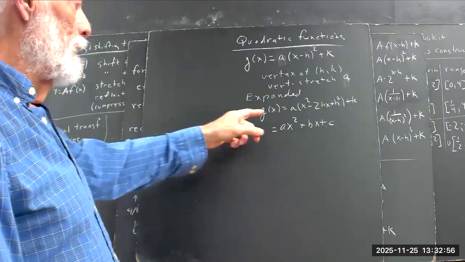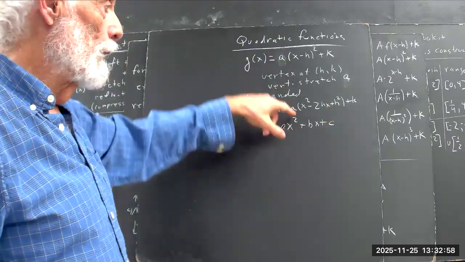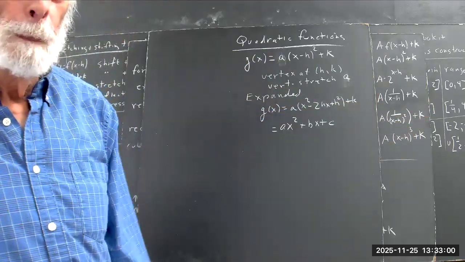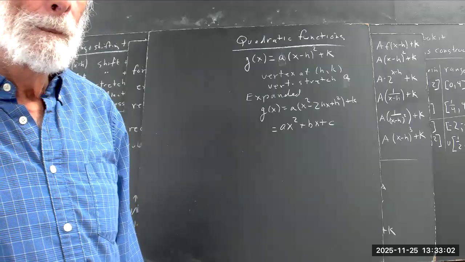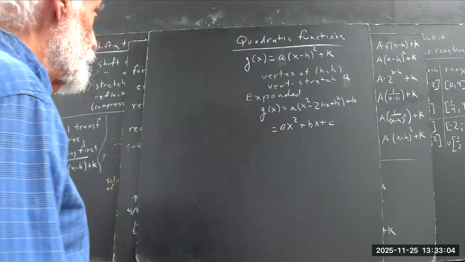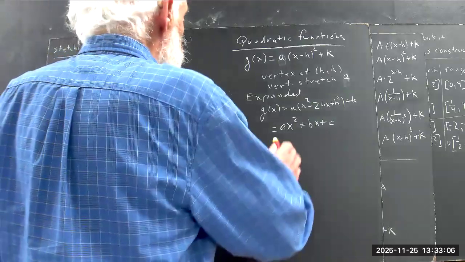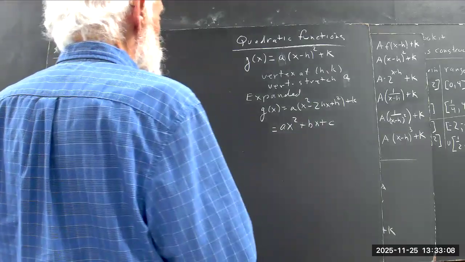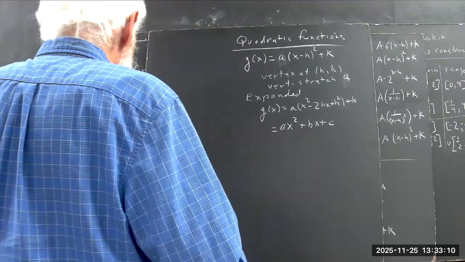If you were to multiply this out for actual numbers like we used before, you would naturally put it into this form. Okay?